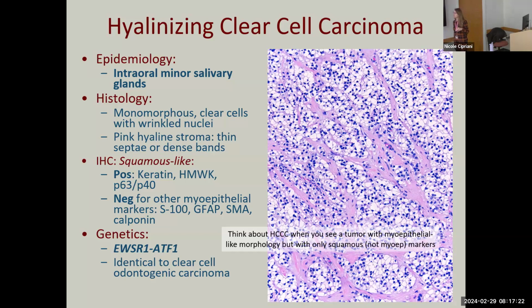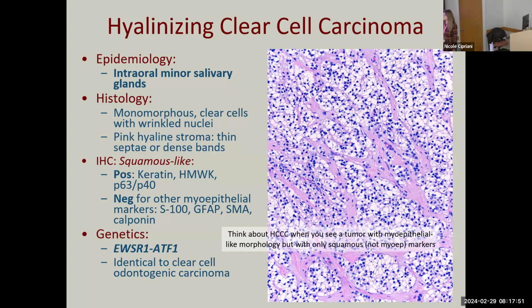And so you might say, well, how do I differentiate this from a myoepithelial carcinoma, which could also be clear cell and also have high molecular weight keratin and P40? Well, they don't have any other myoepithelial markers. No SMA, calponin, S100, SOX10, nothing. So if it looks kind of myoepithelial-like but lacks the myoepithelial specific markers, think about this, and then you can prove it if you need to with genetics, which is EWSR1-ATF1 rearrangement.